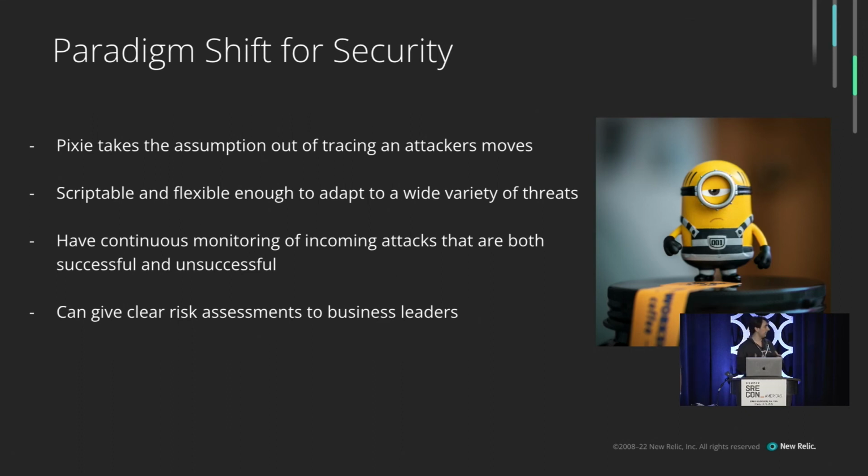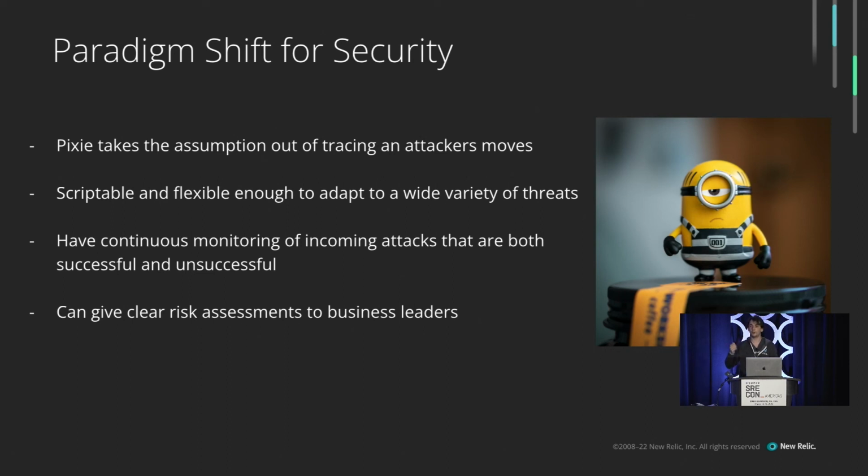And as I've alluded to before, you get continuous monitoring of successful attempts. So we've been talking about an attacker successfully exploiting a system, but unsuccessful attempts are also extremely important. You're able to profile what is happening, what is the public pressure on your services, even at an unsuccessful level.